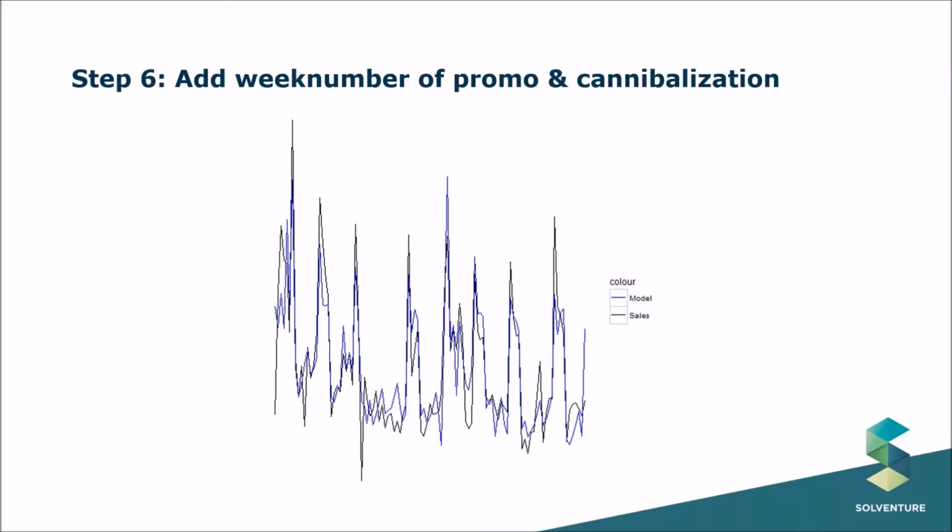If I have not used the month of the year, the week of the month, the week of the promo, cannibalization, if I don't add that type of information to my forecasting method, well, it should basically be clear that it's impossible to make a decent forecast for this type of variable demand item. So that's basically on an SKU.